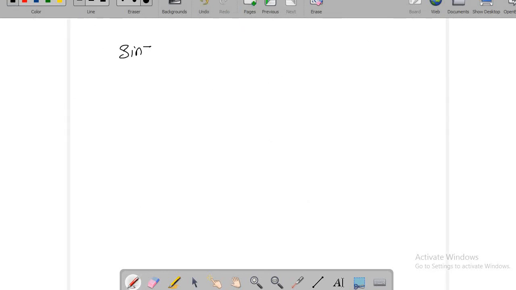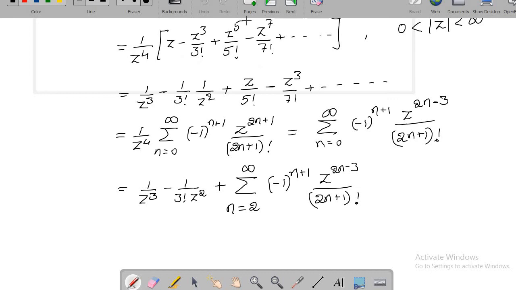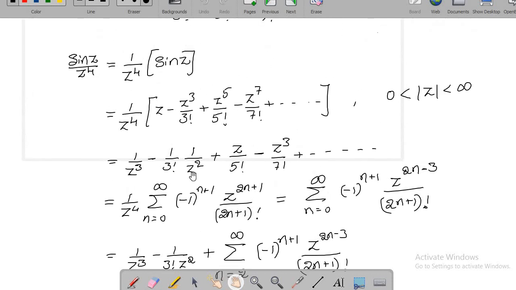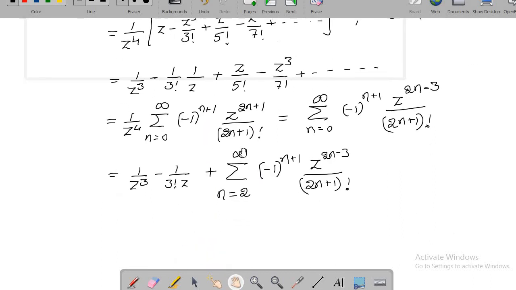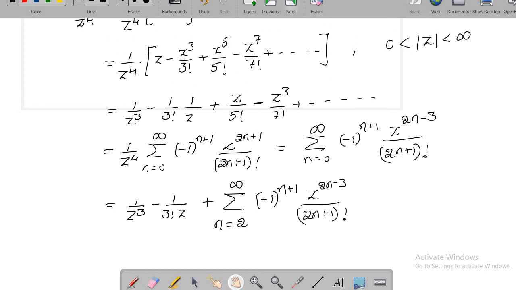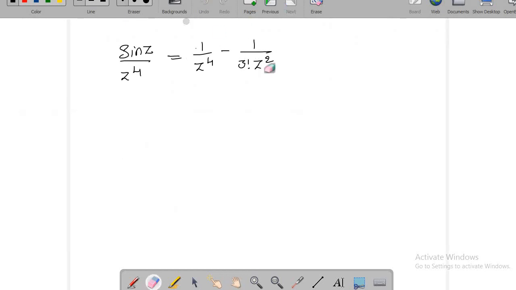So sin z by z power 4 can be expressed as 1 by z power 4 minus 1 by 3 factorial into z square. Am I correct? Oh, z cube is 1, and another one, how do I get z square here? This is supposed to be z only, no? The denominator must be z. Yeah, so this must be z.